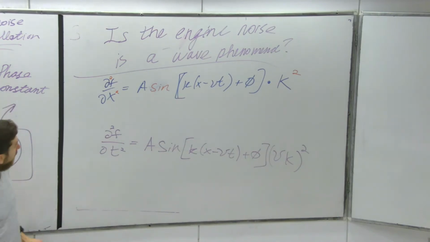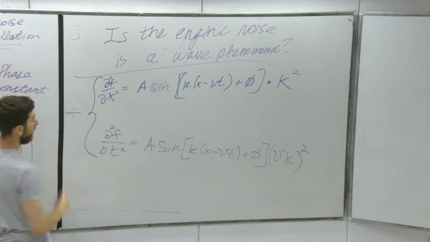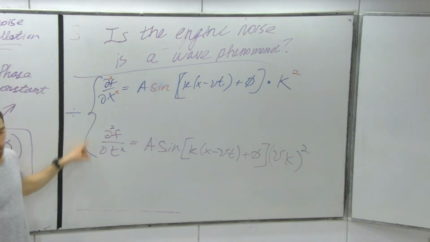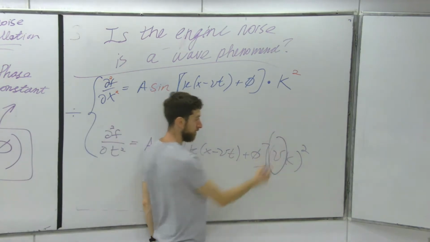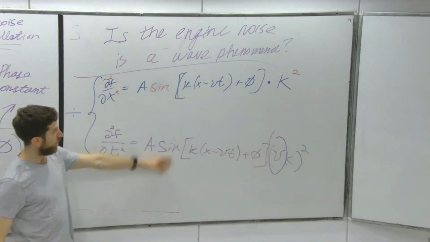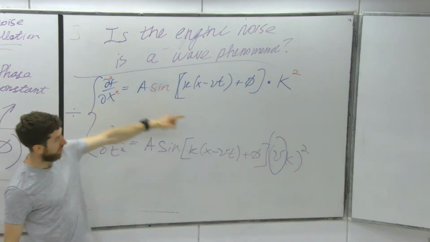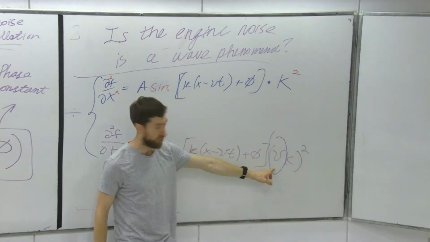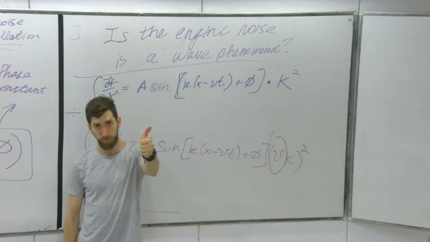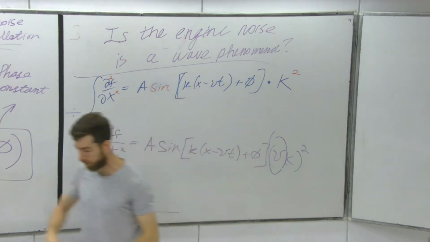And now if you divide both of them, they are the same, only the difference is what? If I take this one, it's the same as this one, but this k can go out. I can divide by k squared, and I stay with v squared. So, guys, this is a wave phenomenon. Good for us. Let's move on.